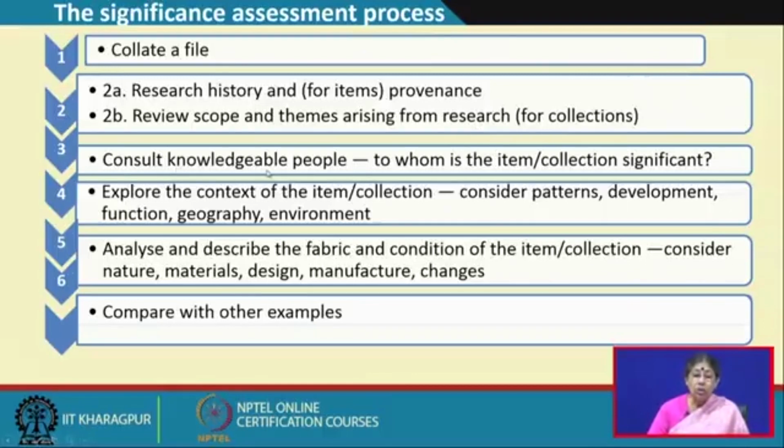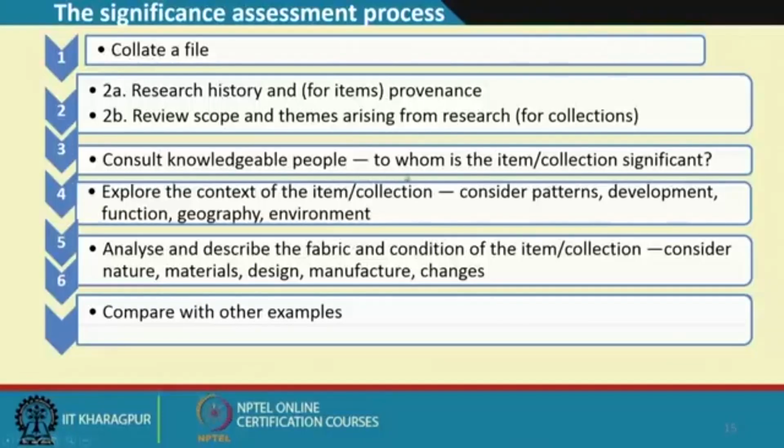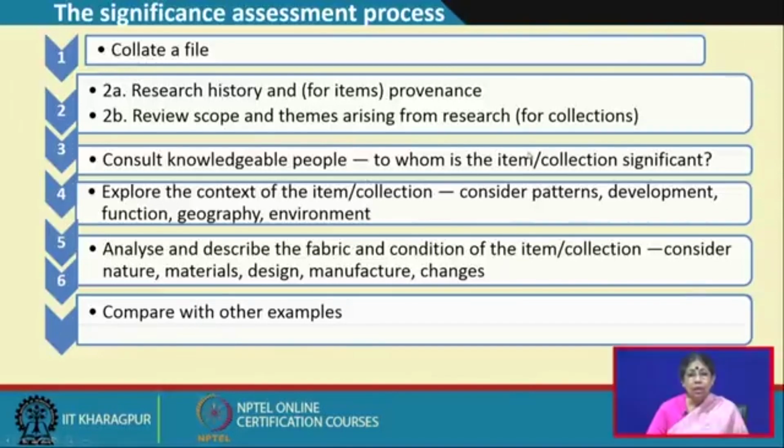Then consult knowledgeable people, because it is very multidisciplinary, with people from various disciplines contributing to the information building. Consult them on to whom the item or collection is significant, and remember this also includes the stakeholders and the community, who are a very important part, because they are the caretakers of the heritage.